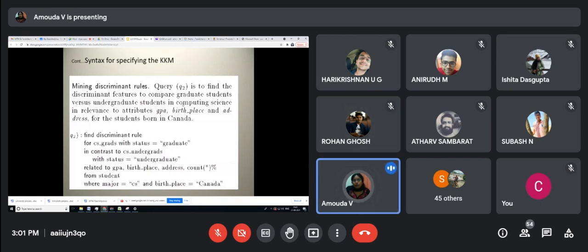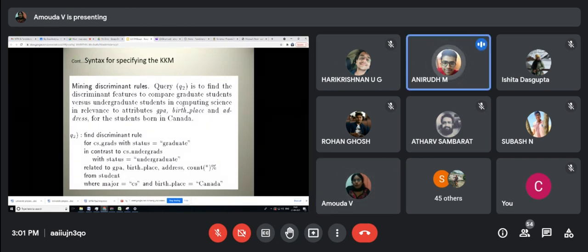Take another example. The query is straight away given: find the discriminating features to compare graduate students versus undergraduate students in computer science, relevant to GPA, birthplace, and address, from Canada. Listen, students. Same question. What is the difference between the previous question and this question? Graduate versus undergraduate, ma'am.